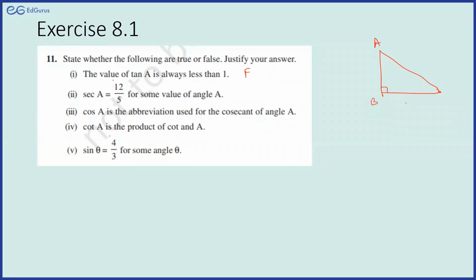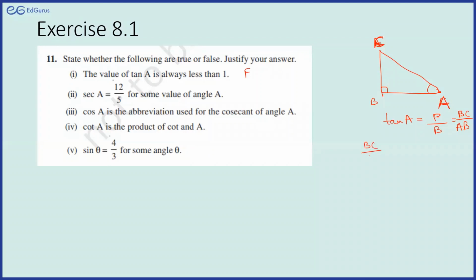Suppose I have this triangle ABC. Let's call this A so that we see it correctly, and this is C. Now tan A will be what? Perpendicular upon base, right? So that is BC upon AB. BC can always be much taller, much more than AB, right?